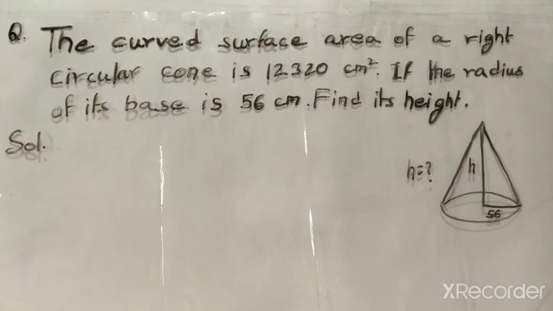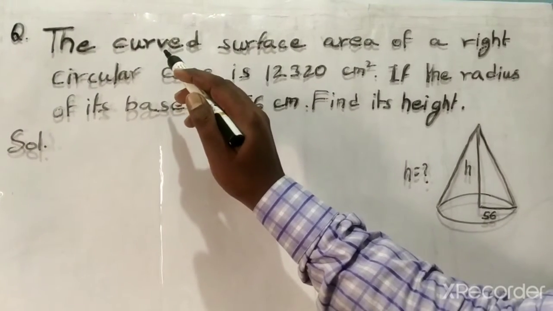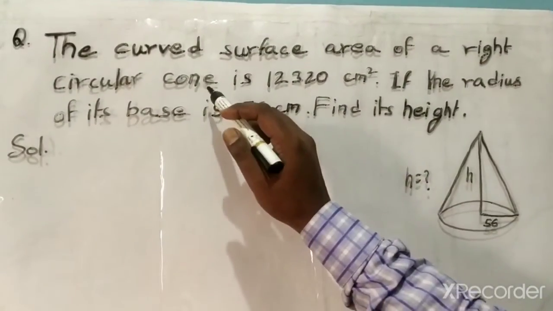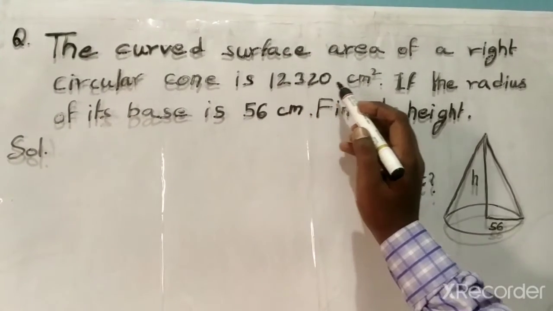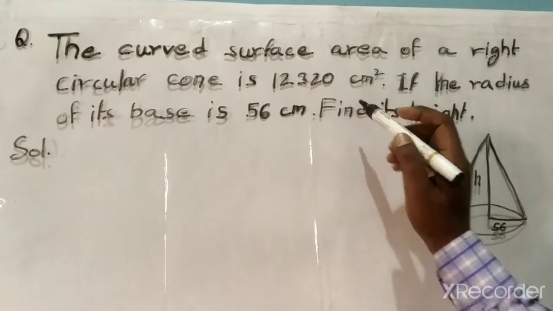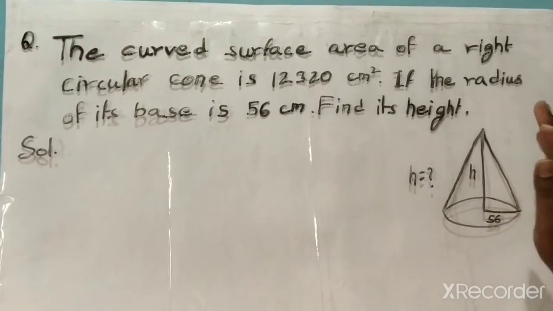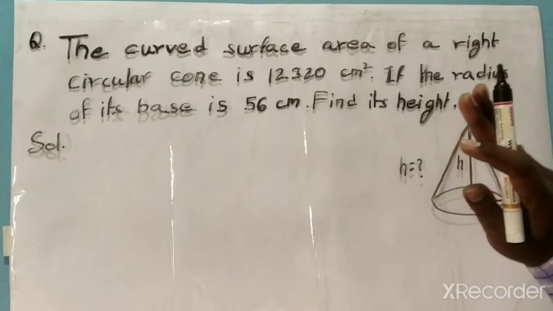So friends, let's come to the point. Here in the question it is given the curved surface area of a right circular cone is 12,320 centimeter square. I have drawn this cone for your convenience. What is curved surface area? Curved surface area means the area which is not plane, which is curved.